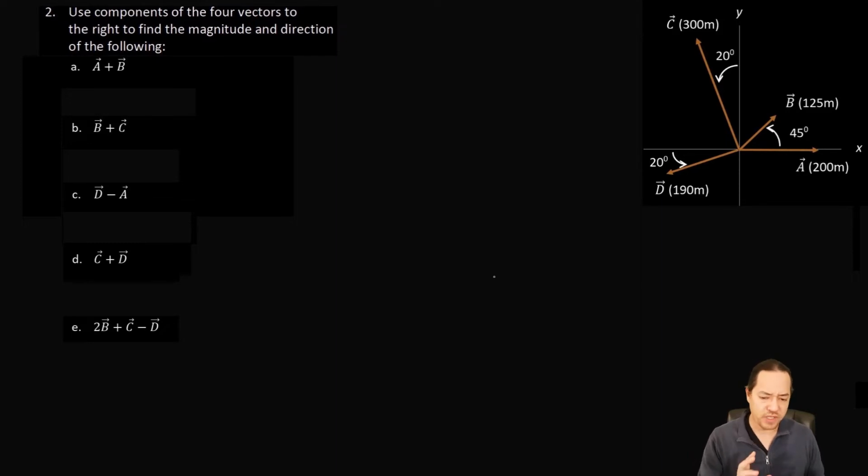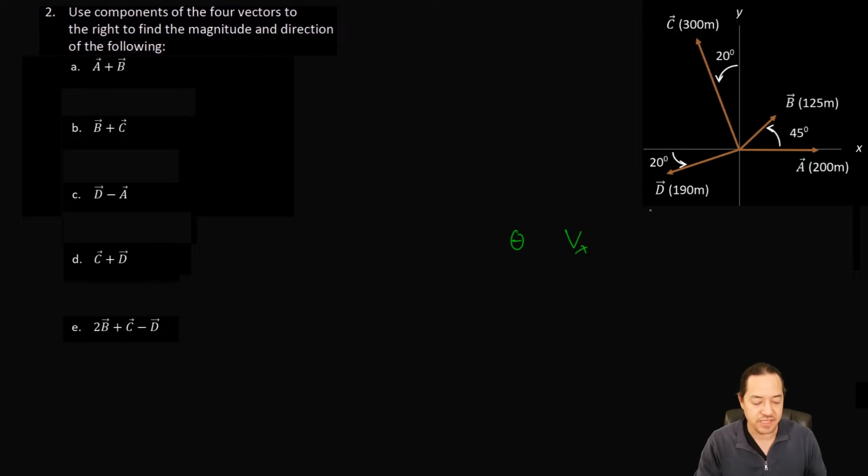The way I want to start out is by breaking all of these 4 vectors into their x and y components, and then we'll have the components ready and we can just add and subtract them to get the answers very quickly. So let me create a table showing all the components for these vectors.